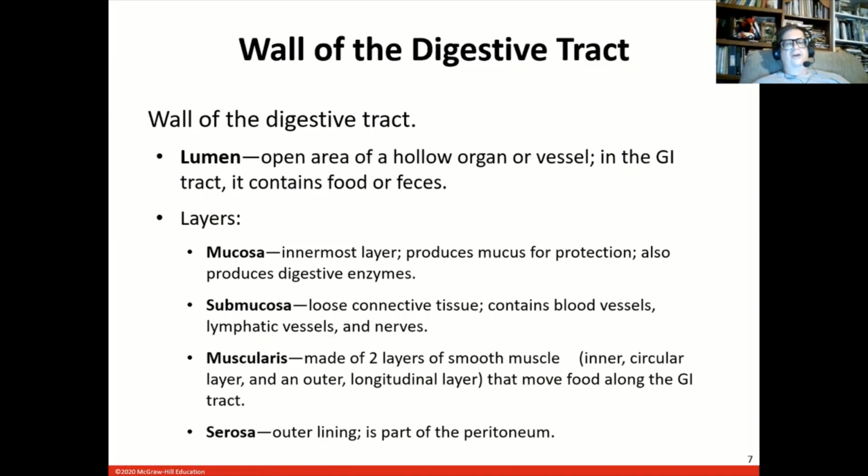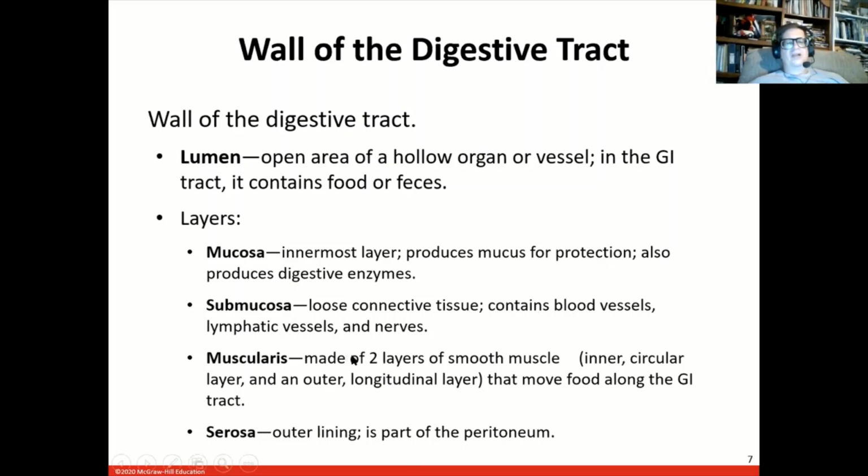The submucosa is the loose connective tissue underneath the mucosa. It contains the blood vessels, the lymphatic vessels, the nerves. Those are things that, like the blood for the mucosa, give it the oxygen it needs. The lymphatic vessels are like the lacteals I talked about, where the lymph looks white because it's picking up fats.